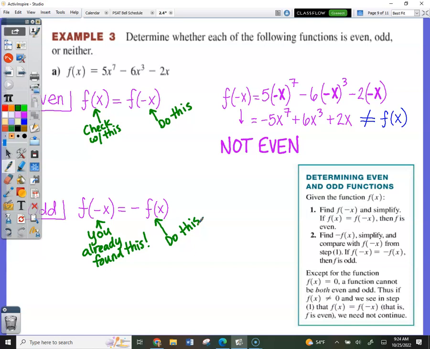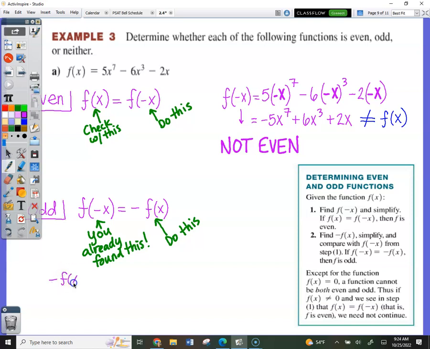Now, how do you understand this? How do you read it? Negate the entire function is the way you read that. Negate the whole function, which means multiply the whole function through by negative 1. So let's find it. I'm going to come right here because I have no room right there.